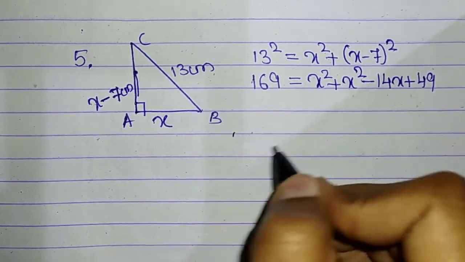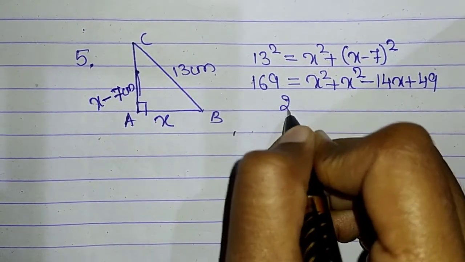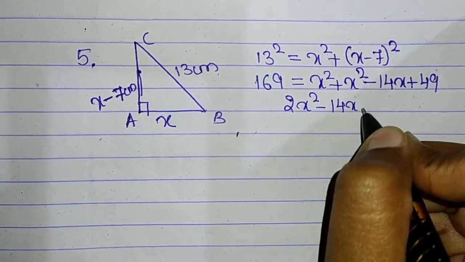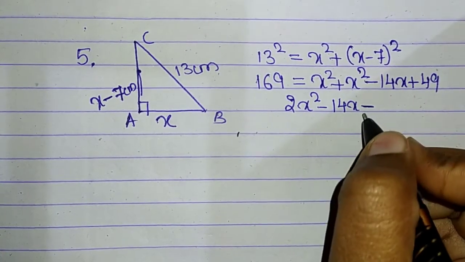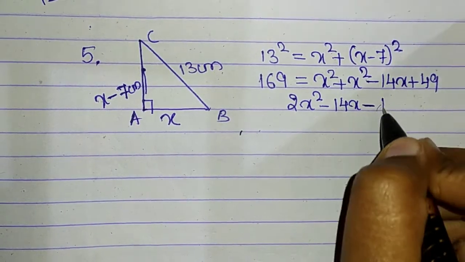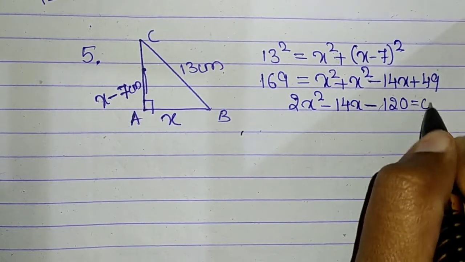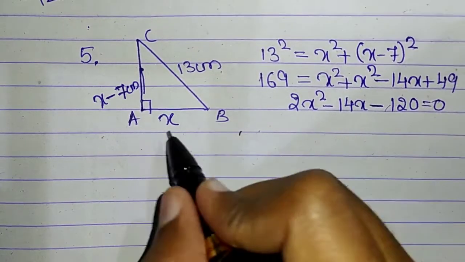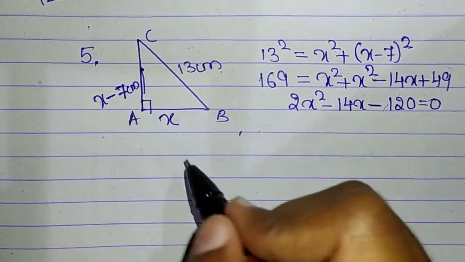On rearranging, we get 2x square minus 14x minus 120 is equal to 0. This is the required equation. If we find x, then we can find the values of the base and altitude of the triangle.